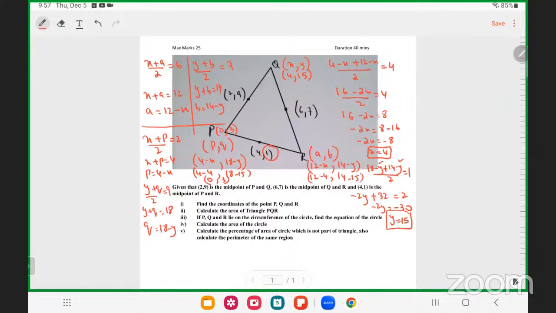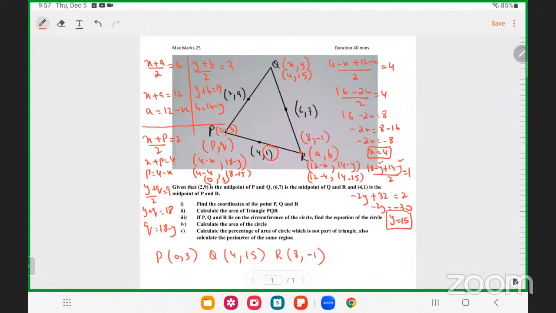So 12 minus 4 is 8, 14 minus 15 is minus 1. So the coordinates of P, Q and R turn out to be: P is (0, 3), Q is (4, 15) and R is (8, minus 1).